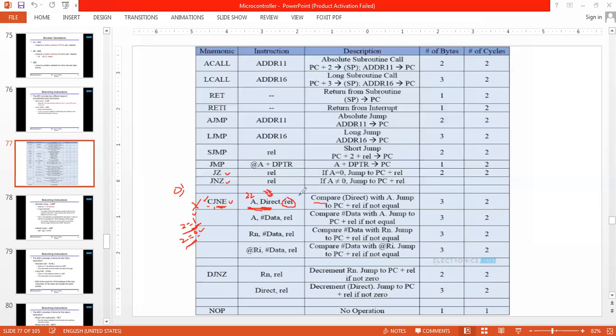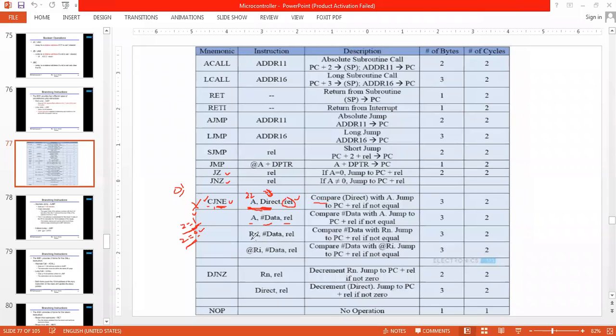relative address. Okay. If the A value and the address value are not equal. Here also the A value and the direct value both are going to be compared, and the ALU is going to jump to a relative address only if both are not equal.